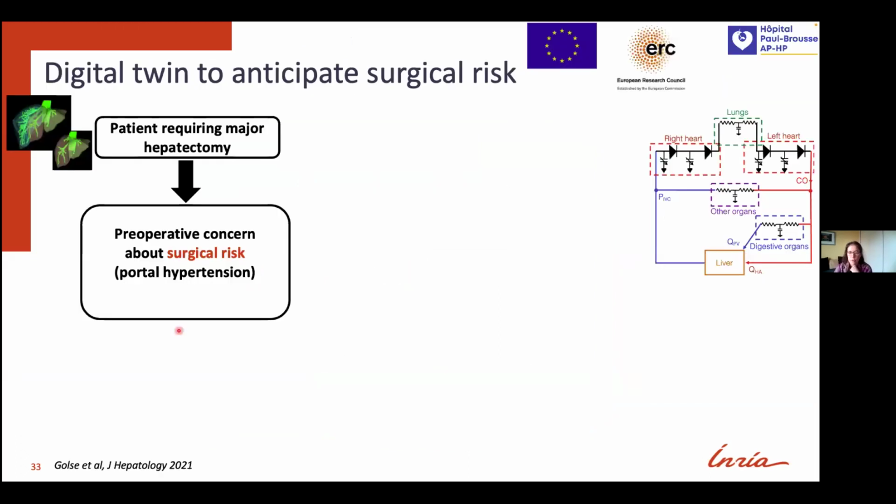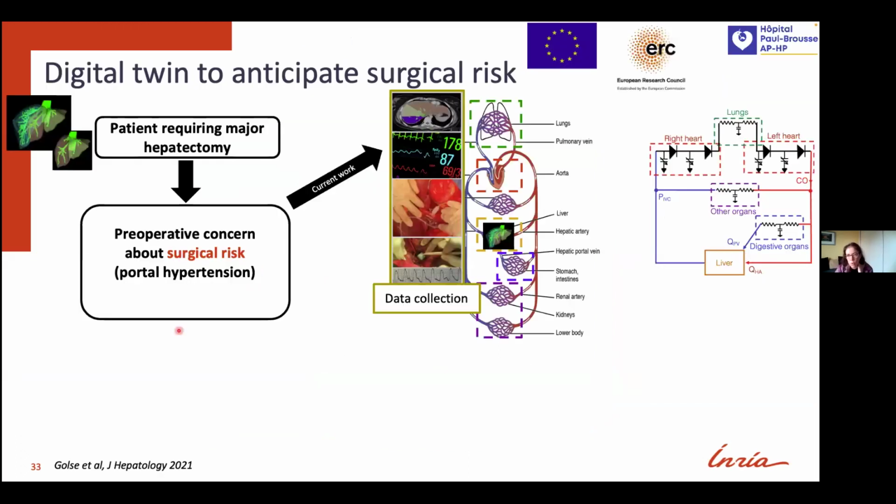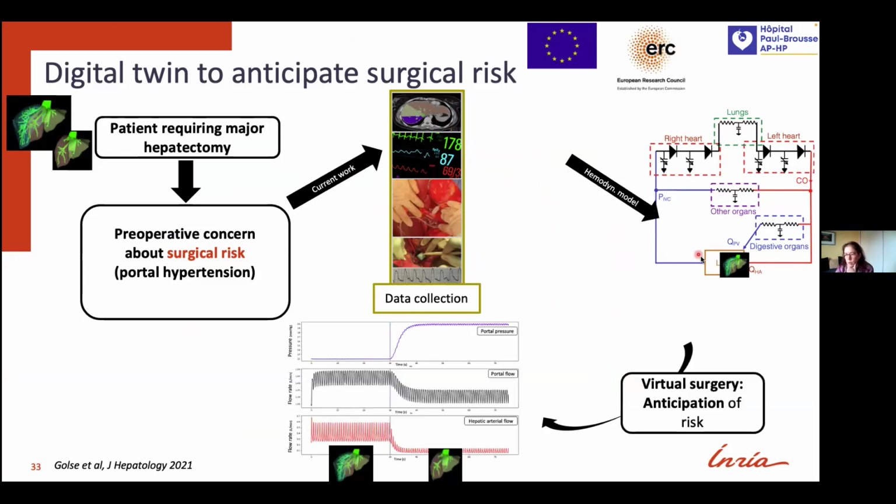It is in this context that we thought we could use a model of the hemodynamics in the entire circulation, with the heart, the liver, but also the digestive system and the rest of the organs, the lungs. So we made an electrical analogy of this whole circulation with a zoom on the liver.